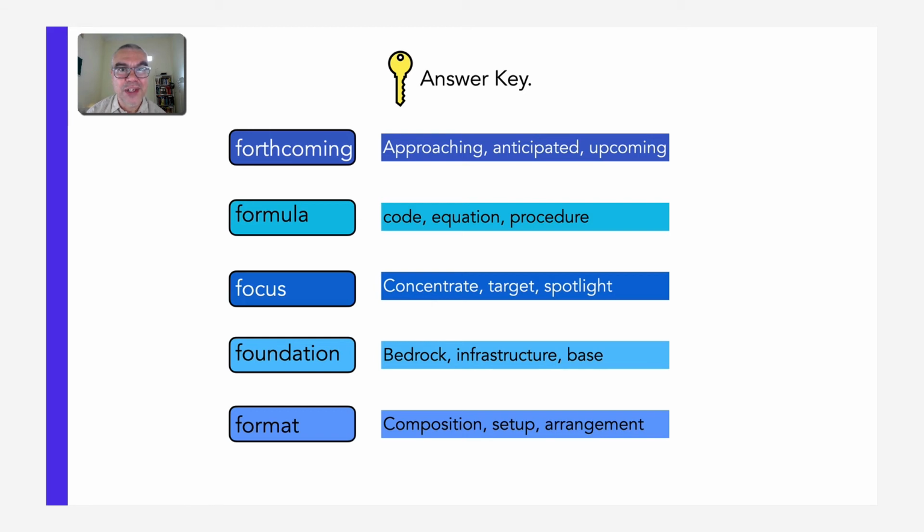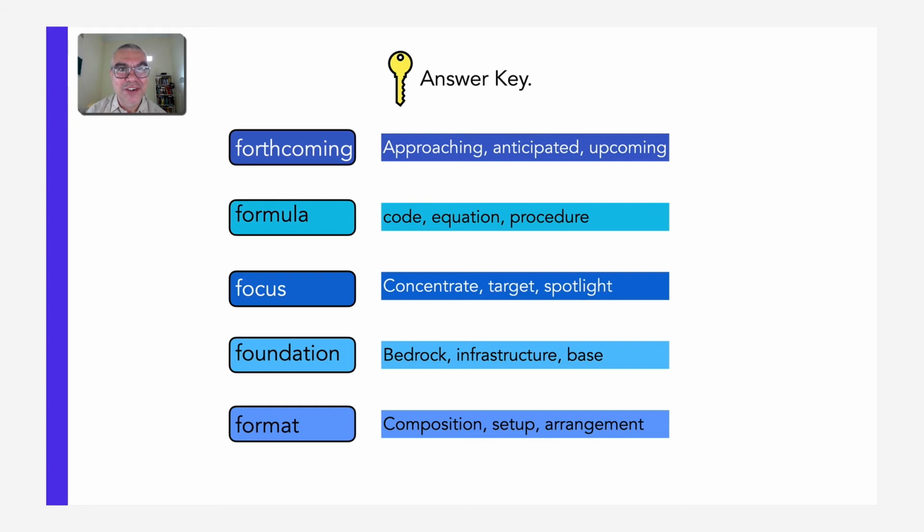Focus, of course, is concentrate, target, spotlight. Foundation goes with bedrock, infrastructure, and base. Lastly, we have format. Composition, setup, and arrangement are the partner words there. Okay, I hope you did well there.